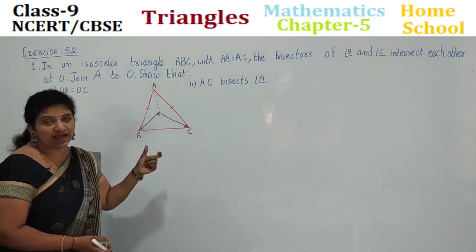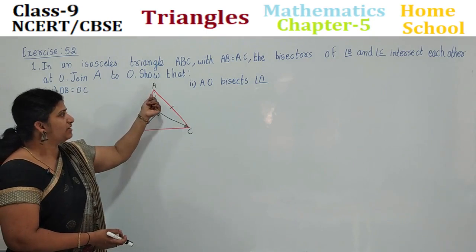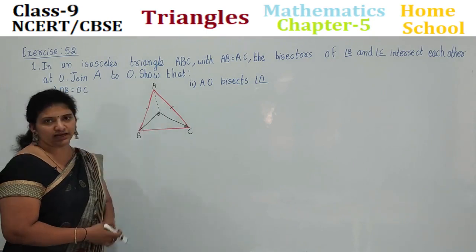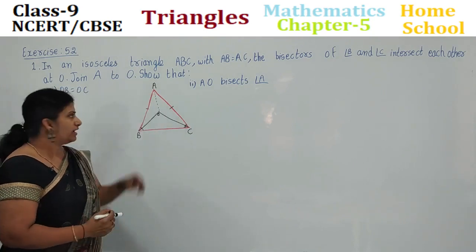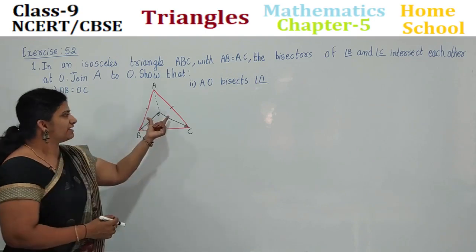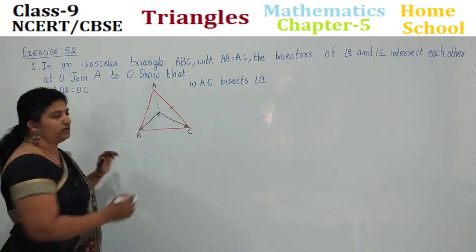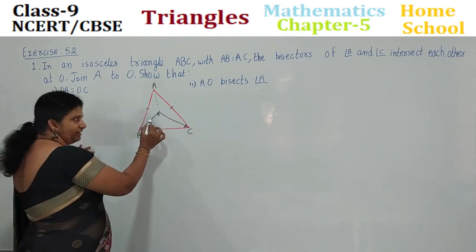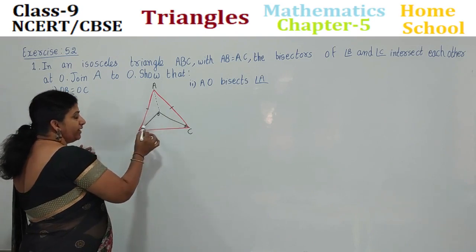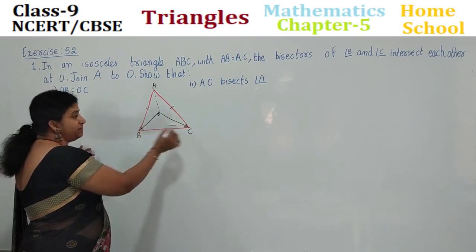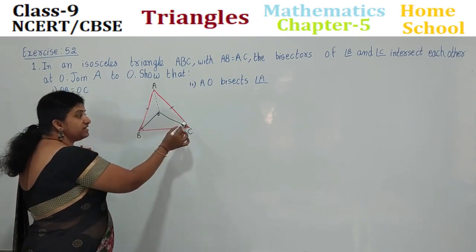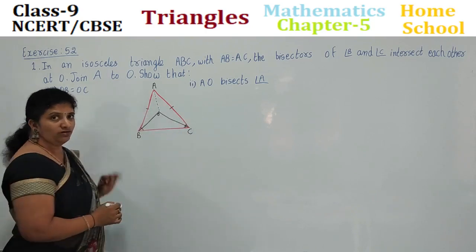Right? Second one, how can I prove that? AO bisects angle A. Bisects angle A means this angle must be equal to this angle. How can I prove that? By first question, I say these two sides are equal. Look here, children, this side equal to this side. When angular bisector is done at B and C, this angle is also equal to this angle now, right?